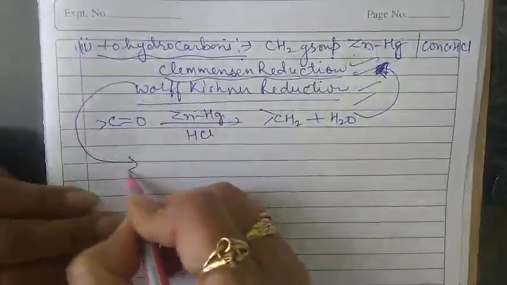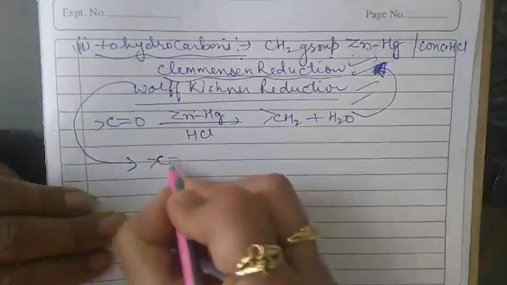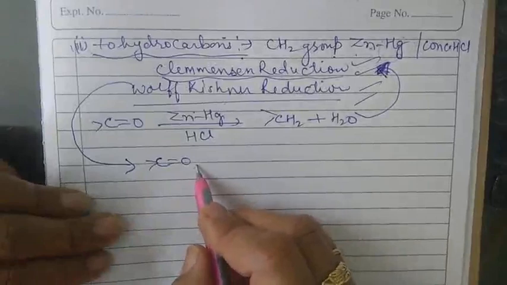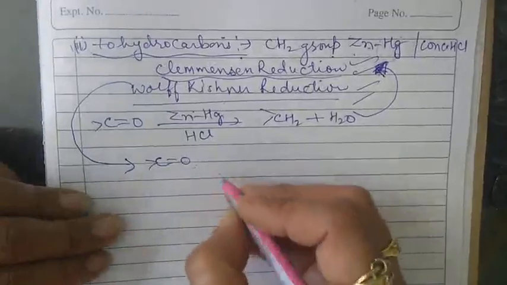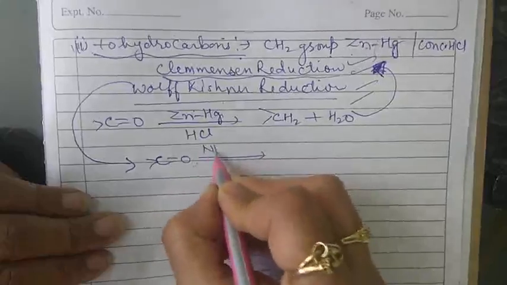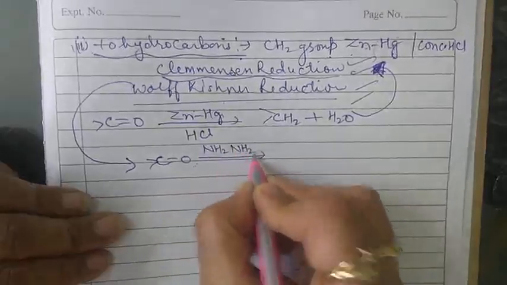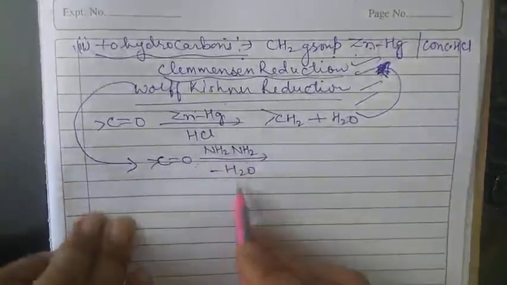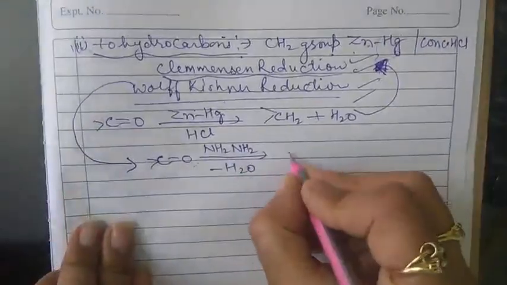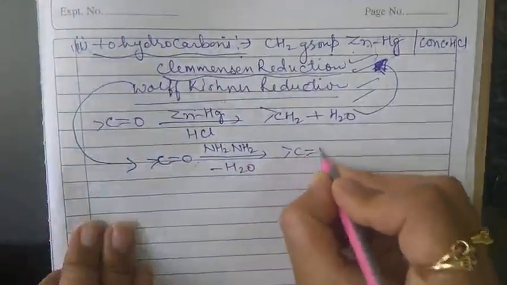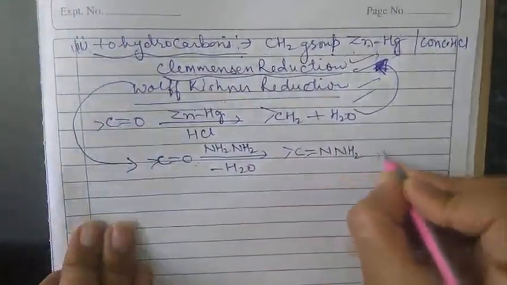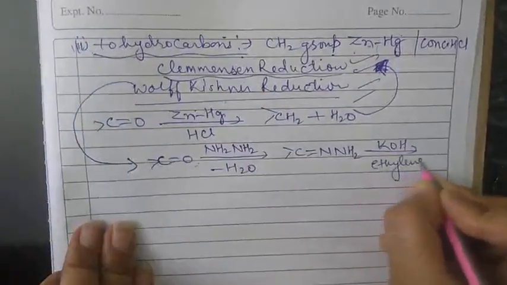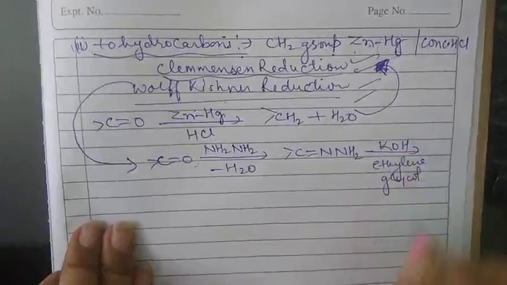What happens in the Wolff-Kishner reaction? C double bond O reacts with hydrazine. What is the formula of hydrazine? NH2NH2, minus H2O, which means we have to remove the water molecule. Then we have C double bond N-NH2, then KOH in the presence of ethylene glycol.